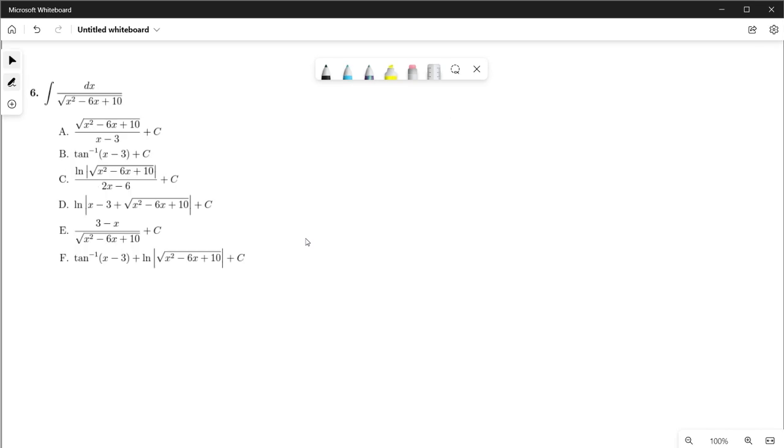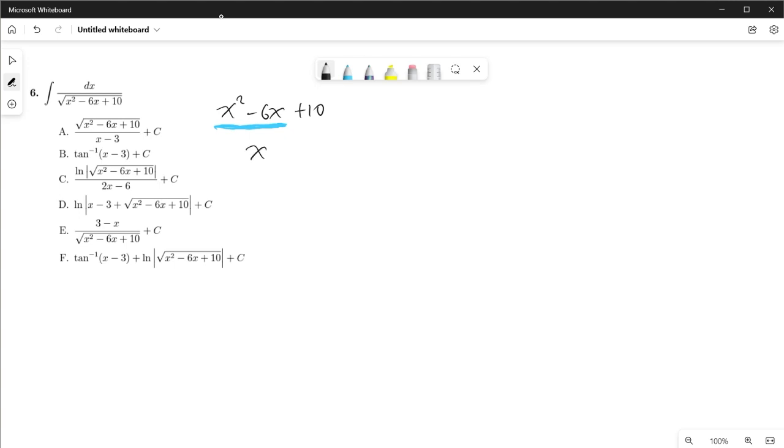For number 6, we have an integral of 1 over a square root. I'm just going to investigate this complex expression under the square root. So I have x squared minus 6x plus 10. From the first two terms, I can complete the square where I can take a 9 out of the 10.